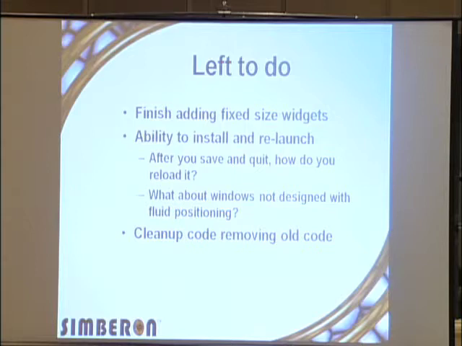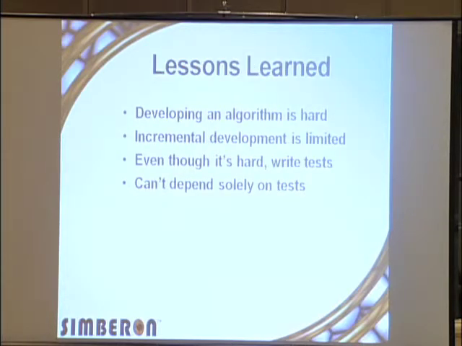And I have to decide whether I want to save that model as part of the window spec or try to reverse engineer it from the window spec when I bring it back in. So that I have to do. I'm building algorithm 2 on top of algorithm 1, which means I have a lot of code for the old algorithm that's really obsolete and I have to take out. So that cleanup is still remaining.